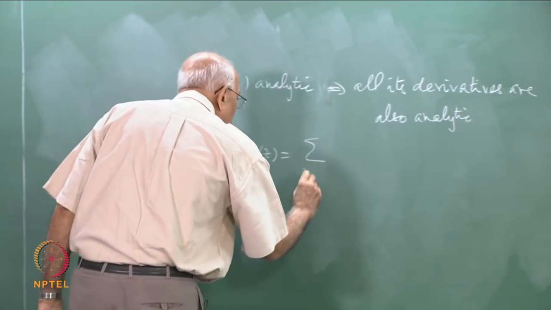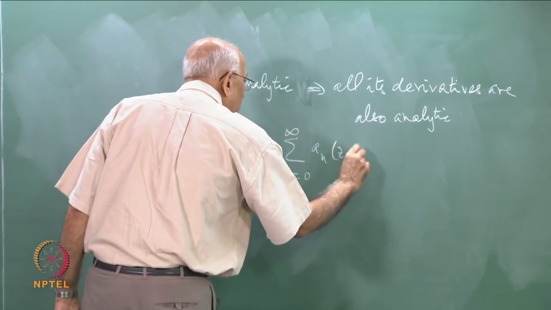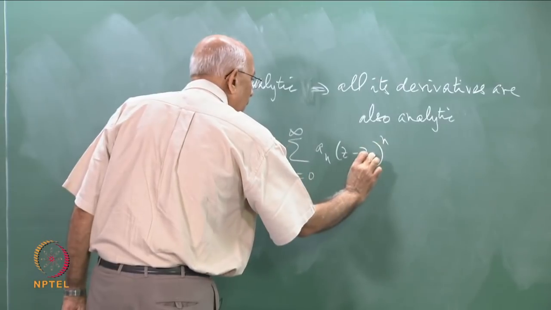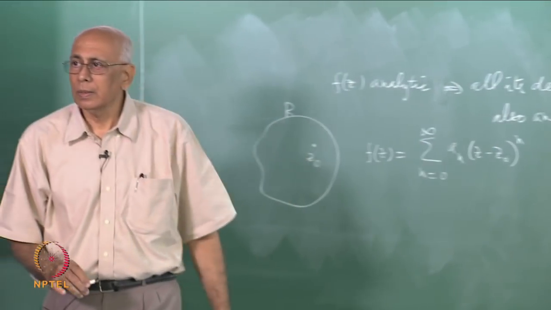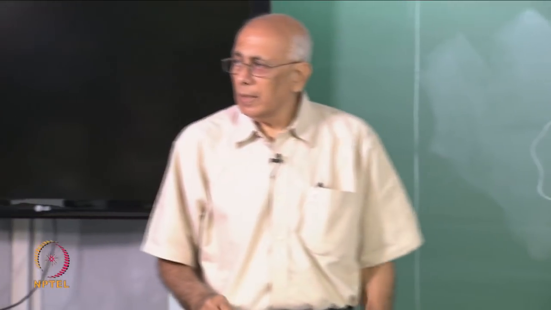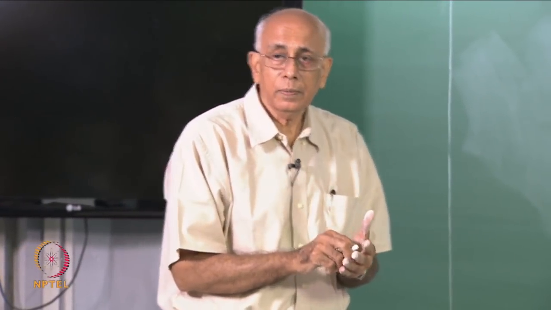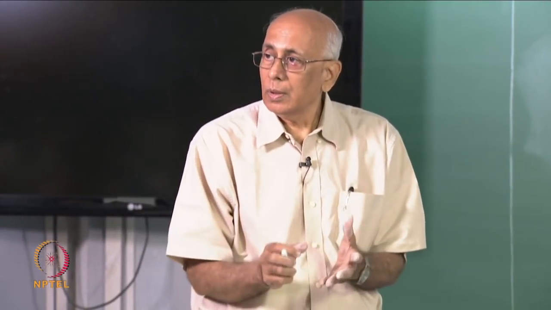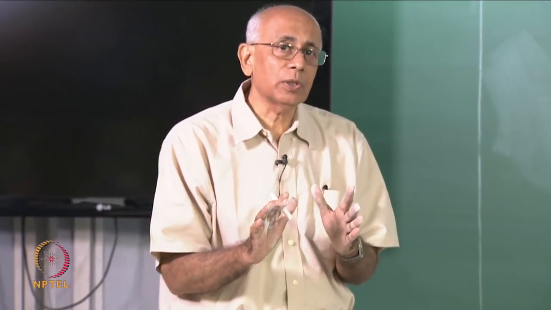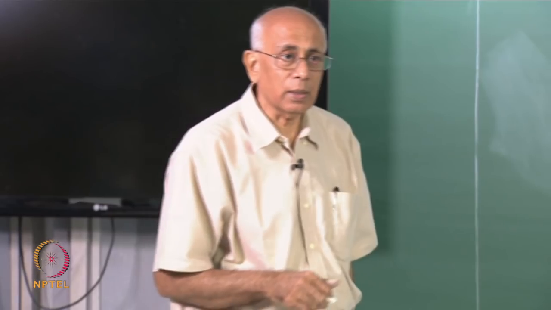So you can represent it in the form sum over n equal to 0 to infinity of a sub n times z minus Z0 to the power n, some constants times that. So every analytic function at any point of analyticity, except perhaps near boundary points, has a neighborhood in which you can represent this function by a power series in powers of z minus Z0.